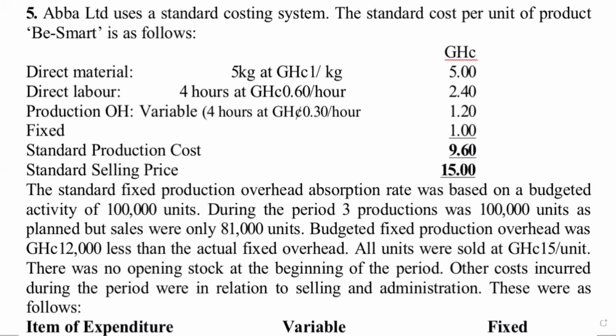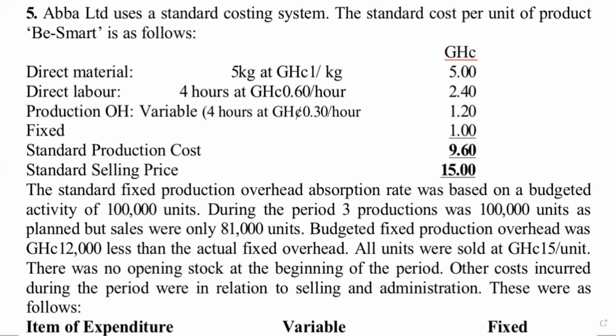Budgeted fixed production overhead was 12,000 less than the actual overhead. All units were sold at 15 cedis per unit. There was no opening stock at the beginning of the period other than other costs incurred during the period were in relation to selling and distribution.